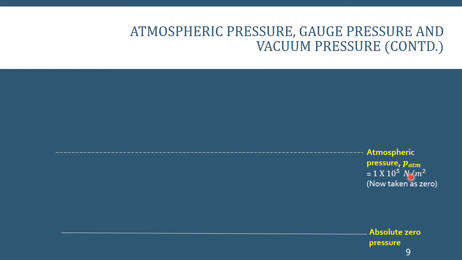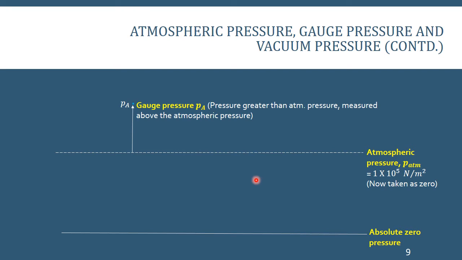It is taken as equal to 1 into 10 raised to 5 Newton per meter squared. Now what we do is we take this value as 0 and then we measure above this value or below this value. So here you can see pressure A is measured above the atmospheric pressure, and so PA is known as gauge pressure.